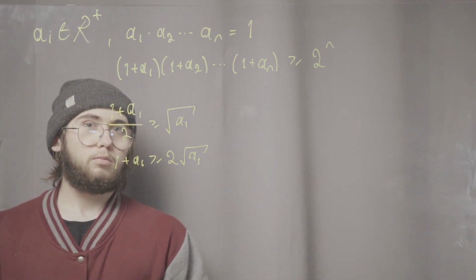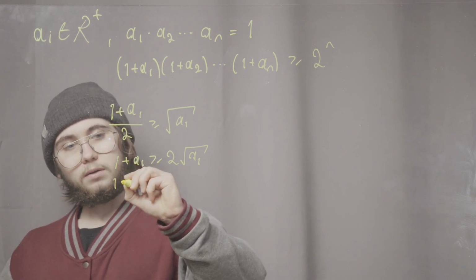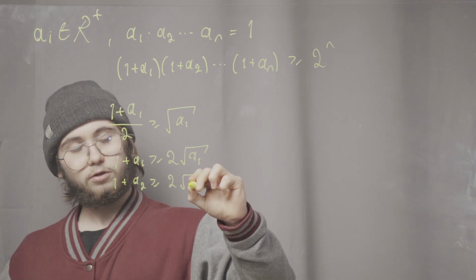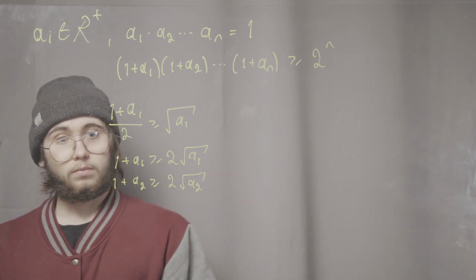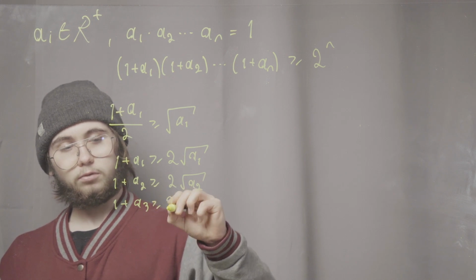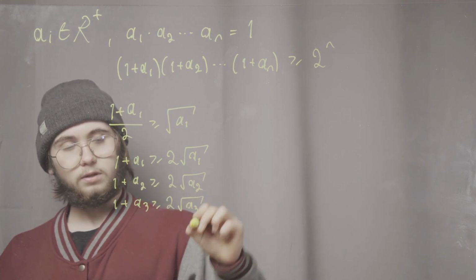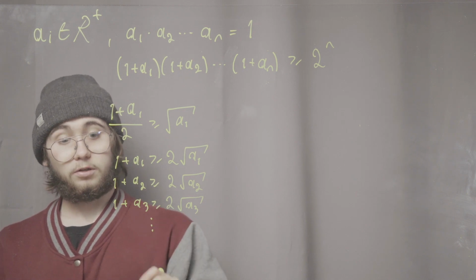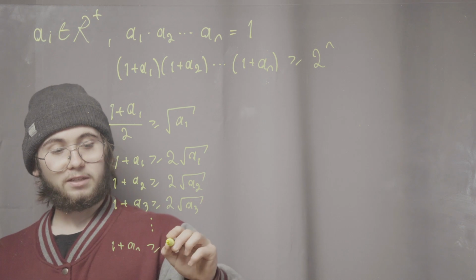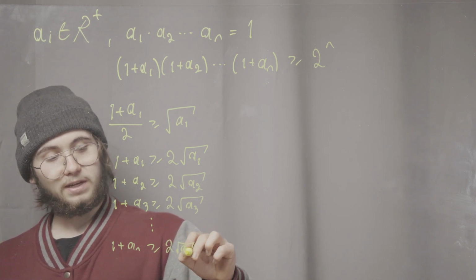But, by the same reasoning, 1 plus a2 is going to be greater than or equal to 2 times the square root of a2. And 1 plus a3 is going to be greater than or equal to 2 times the square root of a3. And we can go like this up to an, so 1 plus an is going to be greater than or equal to 2 times the square root of an.